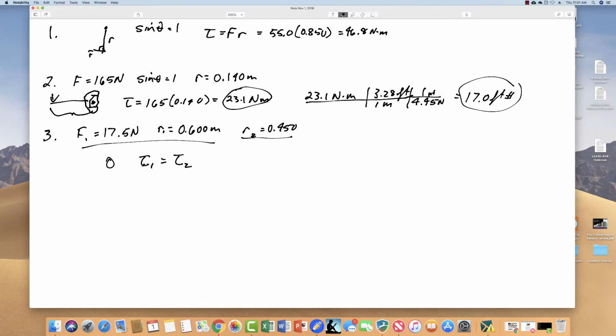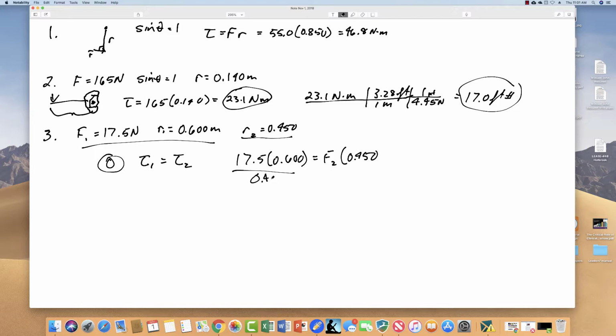If you want to get into signs, you can say that a torque that results in clockwise motion is positive, and counterclockwise is negative. There are a lot of different ways you could do it. Or you could just say this has to be true for the net to be equal. And so 17.5 times 0.600 has got to be equal to F2 times 0.450. And so you bring this over.